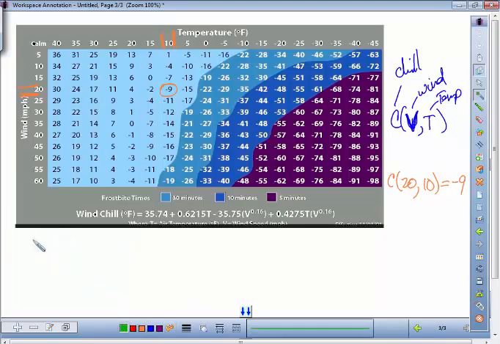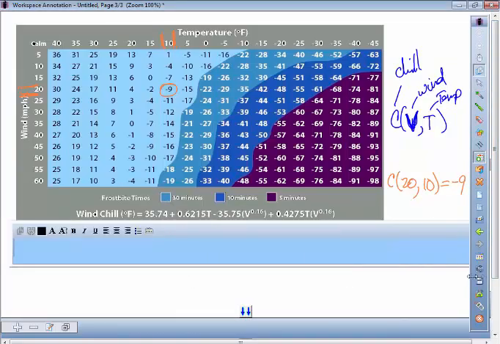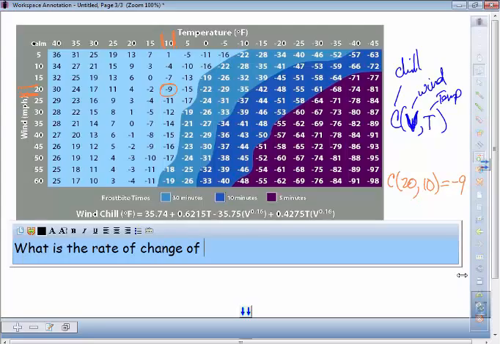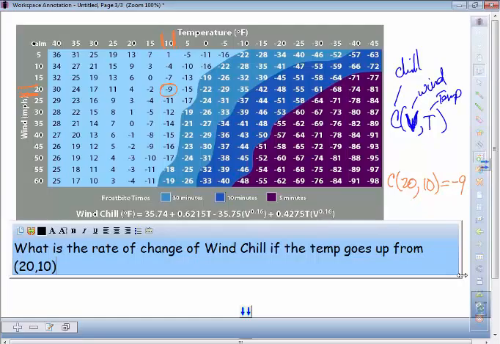Let's say, maybe I should type this up. What is the rate of change of wind chill if the temperature goes up from, and for this I'm just going to refer to this as a point, from (20, 10), assuming that you know that 20, 10 refers to 20 miles per hour and 10 degrees.